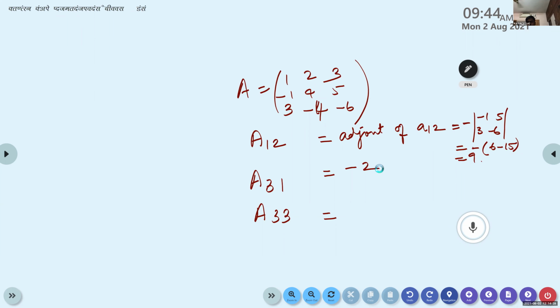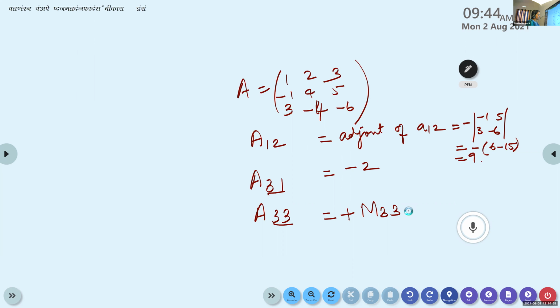And what about M33, Aditya Satyan? Third row, third column. So anyhow, it will be positive, isn't it? These two are plus. So plus M33 with that minor.